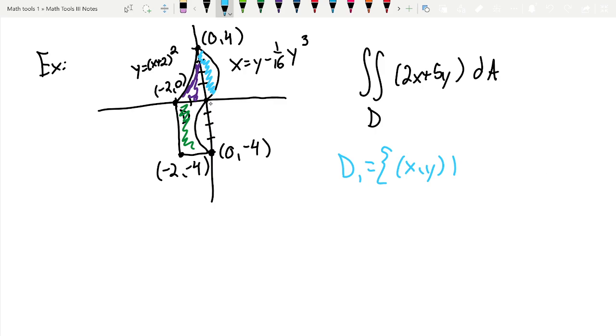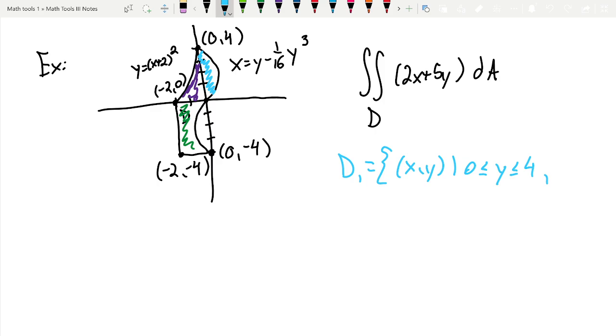So the y part is what's constant, between 0 and 4. And then x is defined via a function. Of course, you can flip that around, but it's probably going to be pretty complicated to do that at first glance, because we have that y cubed and a different y separately, it'll probably be pretty hard to get x by itself.